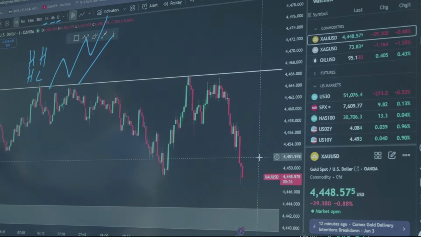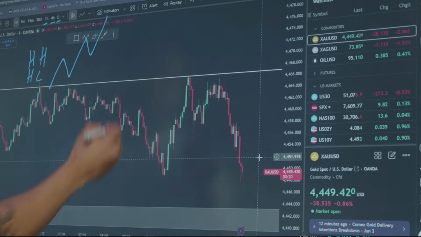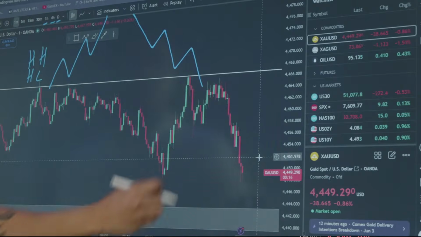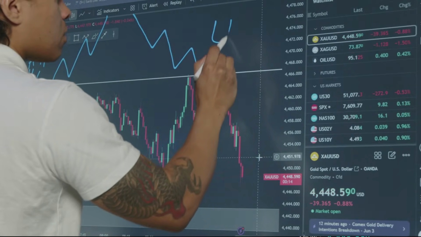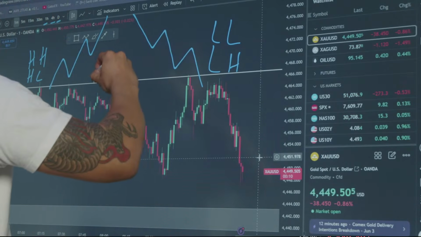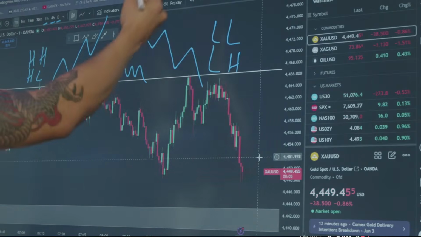Market structure already tells me the direction of the market. If I know market structure, I know what the trend is. Then the opposite happens, and that's when you focus on your lower lows and lower highs.